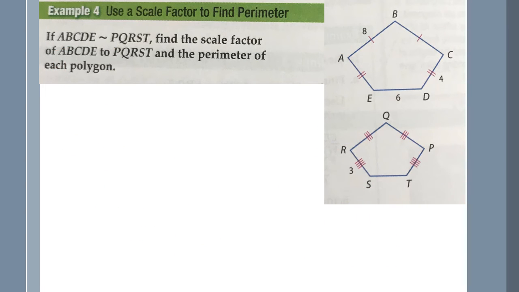Okay, so we want to find the scale factor and then the perimeter. Well, ED matches up to ST. That's not going to help, we don't have anything there. AB matches up to QR and QP.